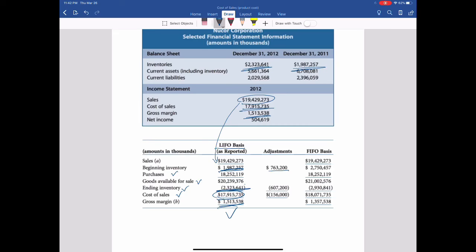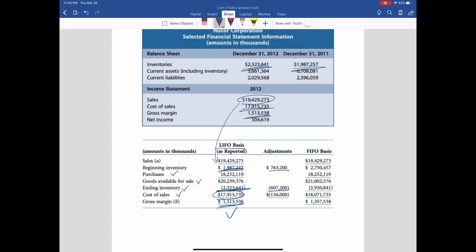And these two adjustments are given in the notes. It said FIFO basis beginning and ending inventory are 607,200,000 and 763,200,000 higher, respectively, than the amount reported on the balance sheet under LIFO. FIFO is greater, right?